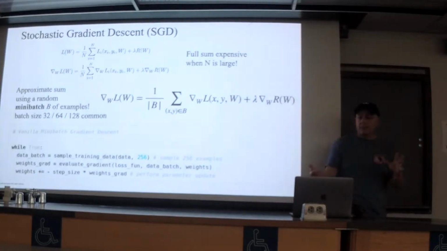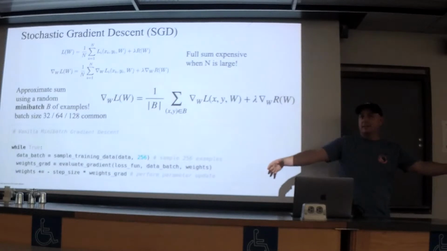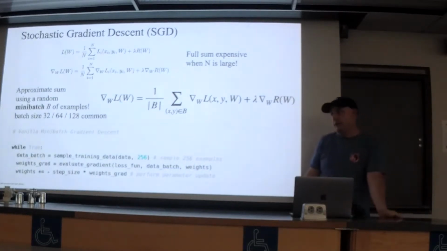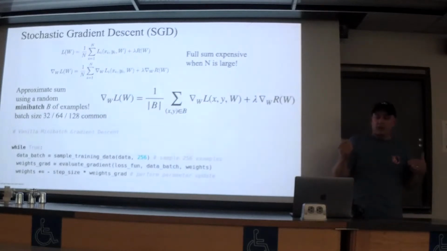Well, maybe the simplest thing to think of is to randomly sample some data from our training data set and just compute the loss with that small sample. And this is what is known as stochastic gradient descent, or we often just abbreviate it SGD.